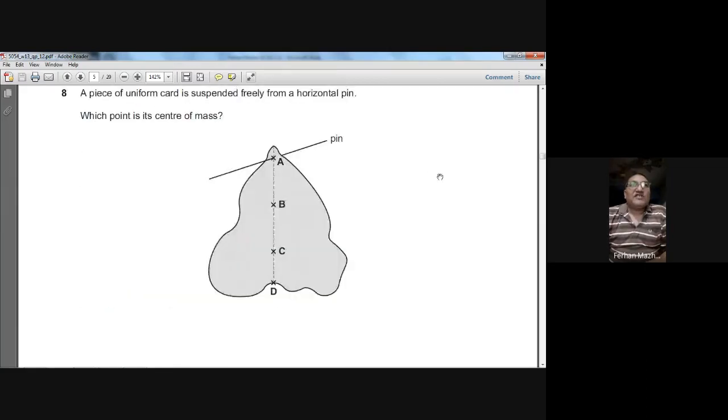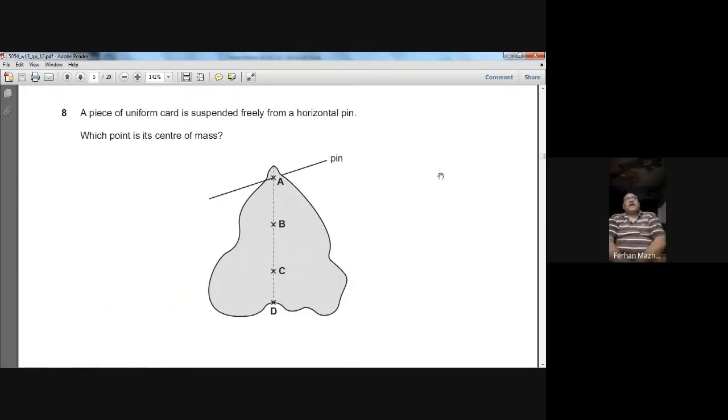Okay, so we are moving to the next question on your screen. Question number 8. A piece of uniform card is suspended freely from a horizontal pin. Which pin is its center of mass? So the center of mass should be where?